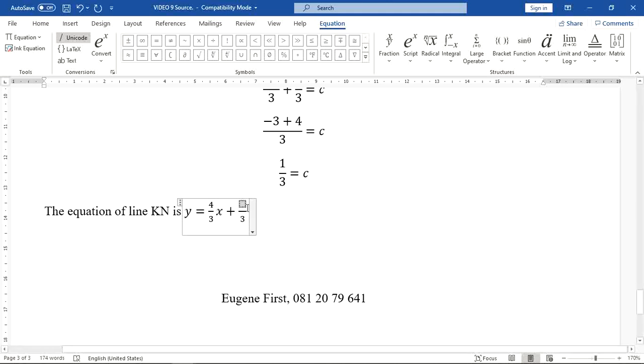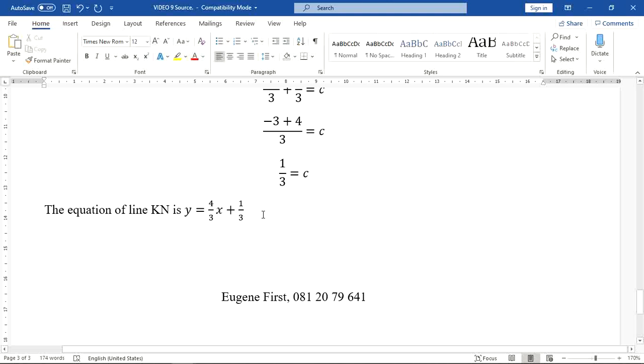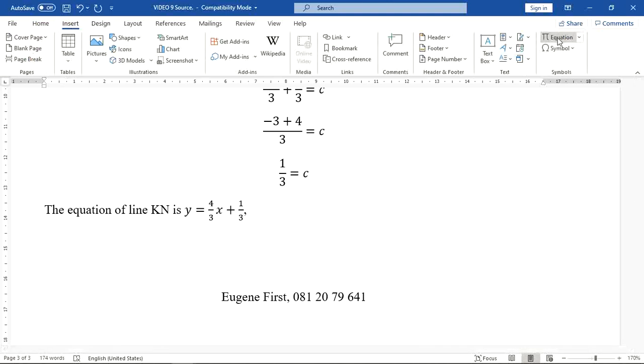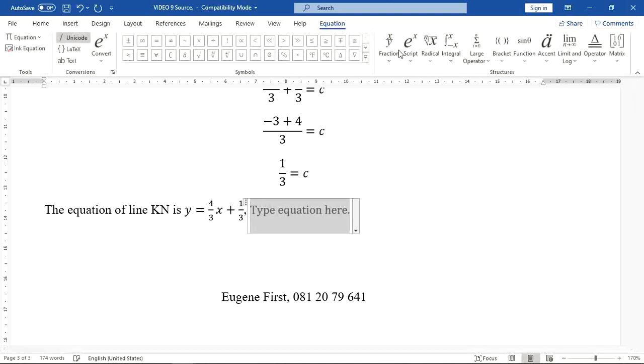So that's the equation of line Kn, and I think it will be wise if you can write this without fractions. So we are going to multiply everything by 3, and if you can just allow me again to insert for the last time, that will become 3y is equal to 4x plus 1.